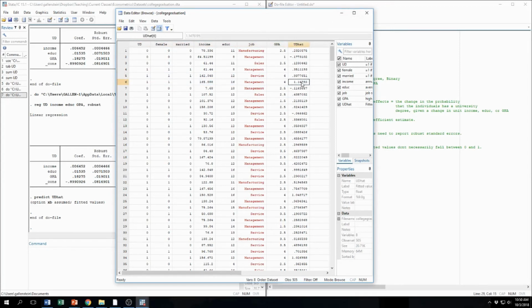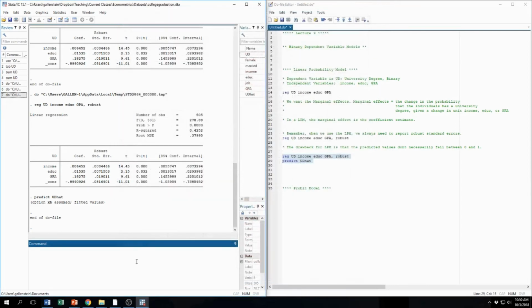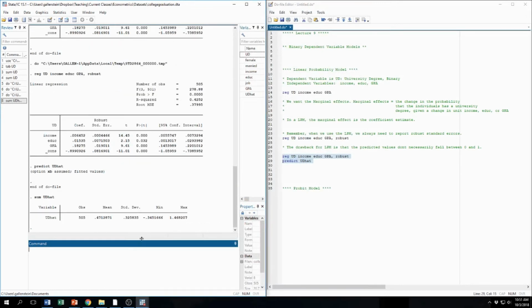We have predicted values that are greater than 1 and less than 0, which doesn't make sense for probabilities. We can summarize our result, UD hat. We find that the minimum value is negative and the maximum value is greater than 1, so we know that our predicted values don't make a lot of sense.